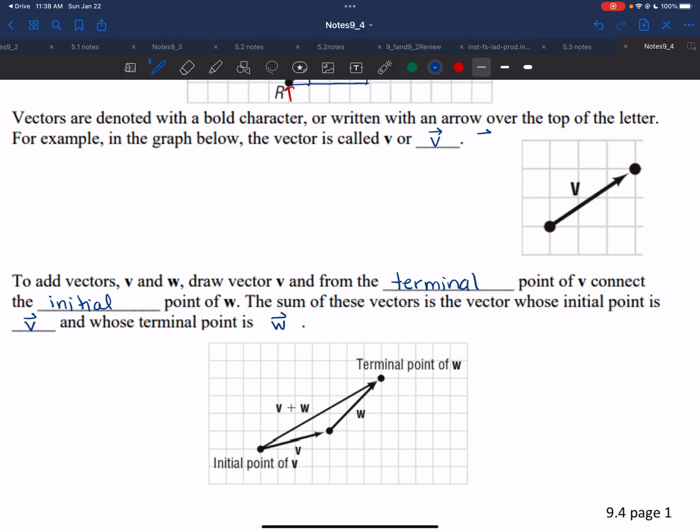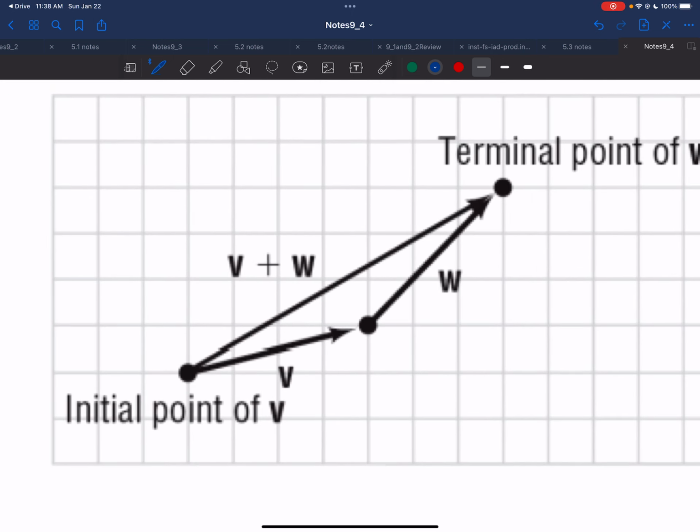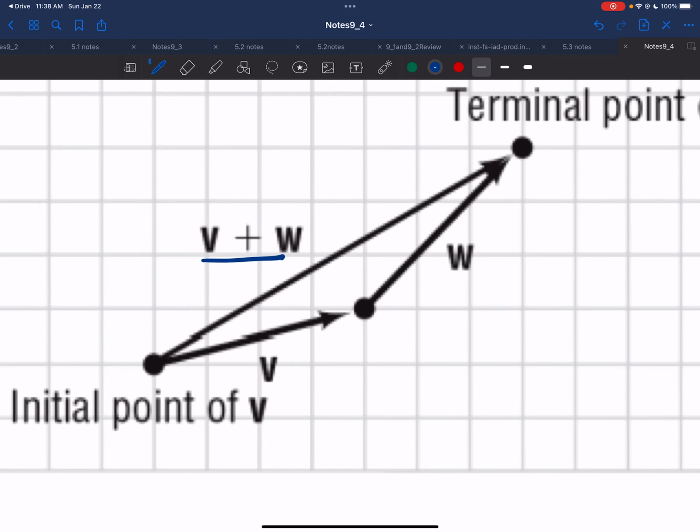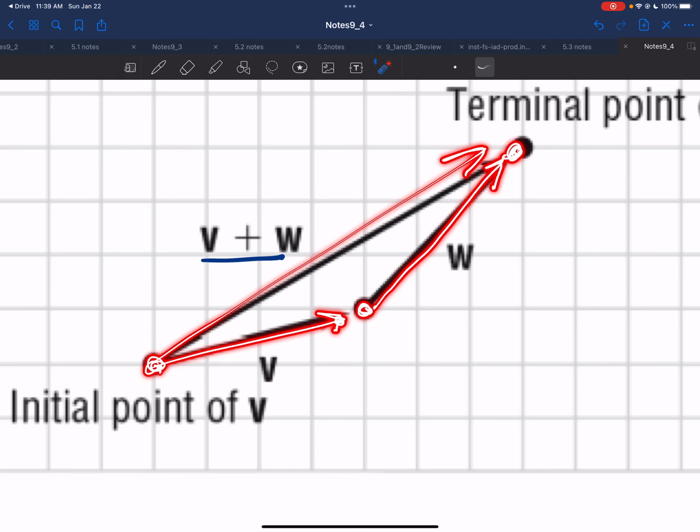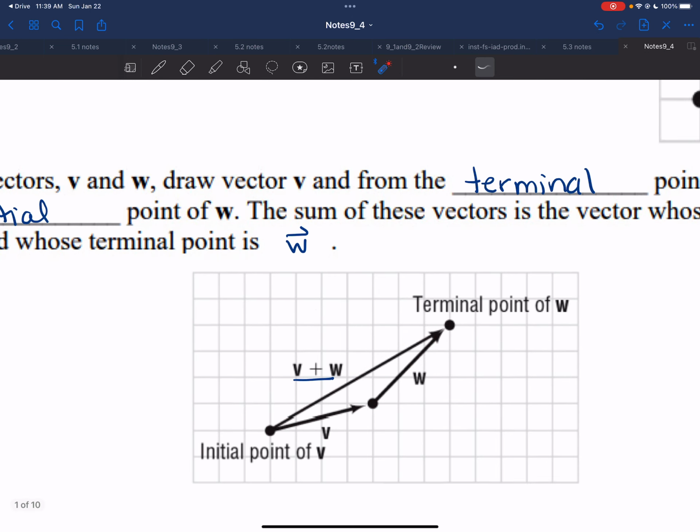So here we have v plus w. Let me explain how I would do it, right? So you have v, and you go ahead and graph that v. From the tip of v, you put the tail of w. That's what I mean. So go tip to tail. So your initial point is actually your initial point of w. Your terminal point of this vector here that you made is the terminal point of w. So that's what this means, right?